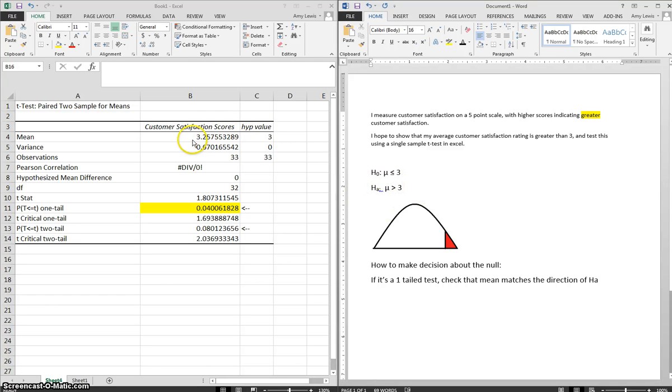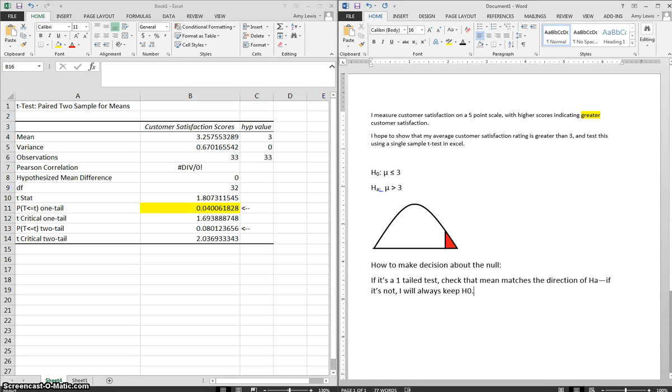Now if my mean was 2.3, well then that'd be inconsistent. 2.3 is not greater than 3. So I would just need to make sure that in fact my mean is greater than 3. If it's not, I'm going to have to keep the null. So I'd keep the null.